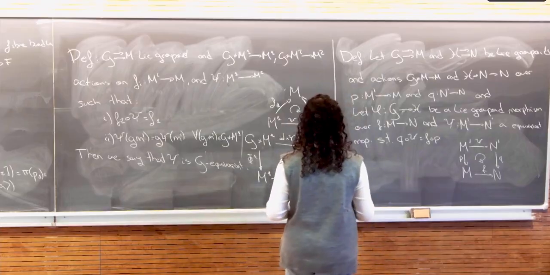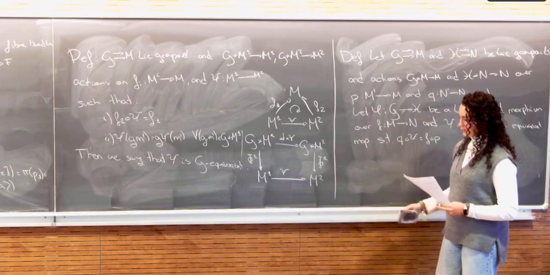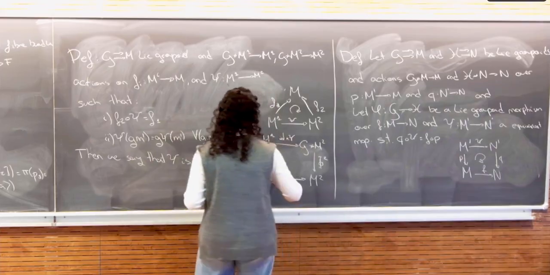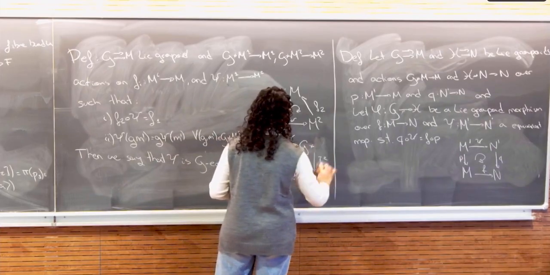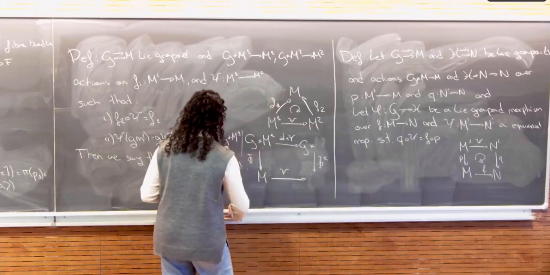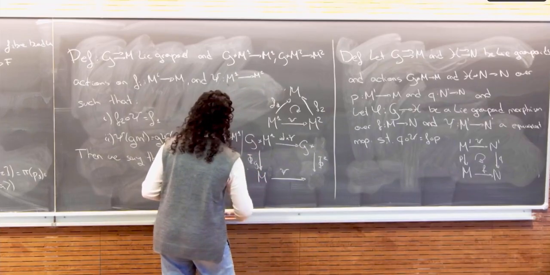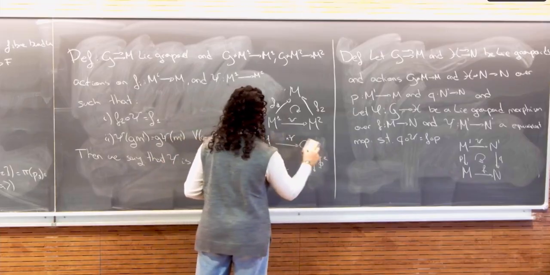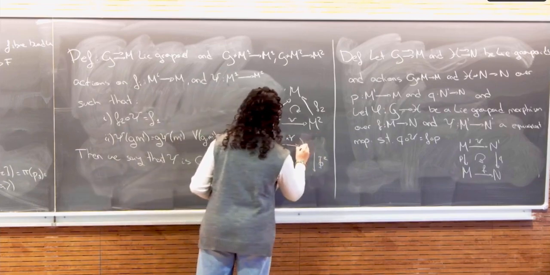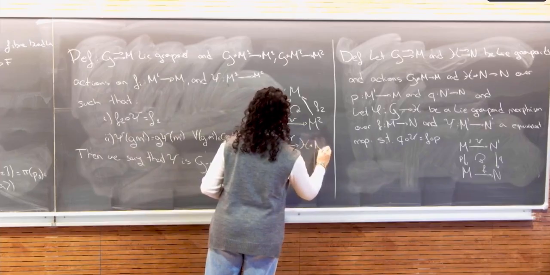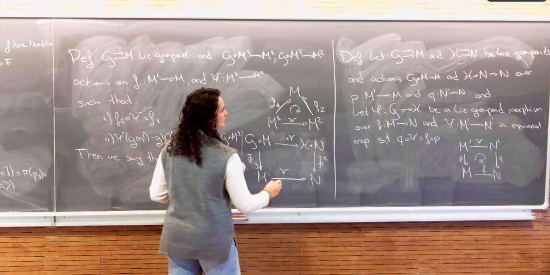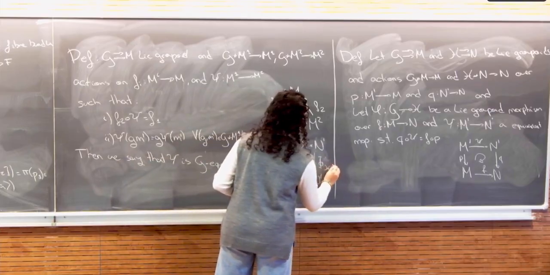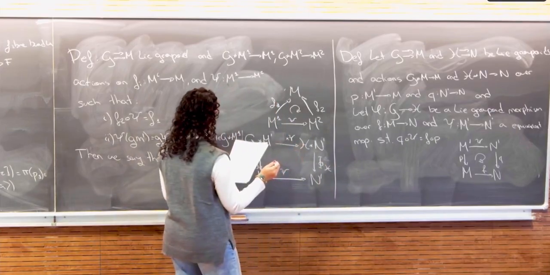So in this case, I'm going to write on this diagram, we have the same thing as in here, but since we have two different groupoids, we have to have a key.